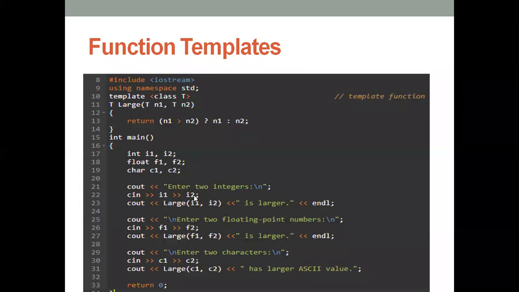Are you getting my point? For integer, you don't need to write a separate function. For float, you don't need to write another function. For character checking, you don't need to provide another function. So within a single piece of code, you are doing three separate tasks.